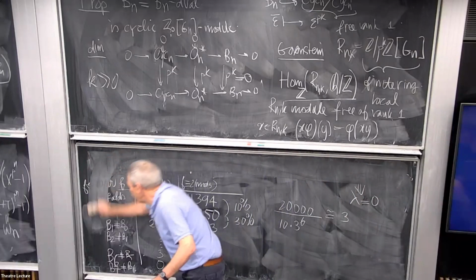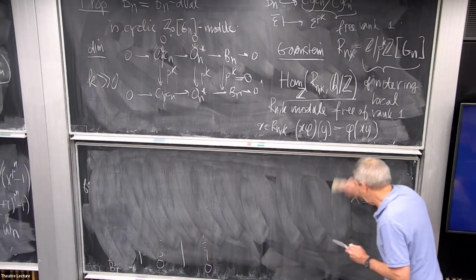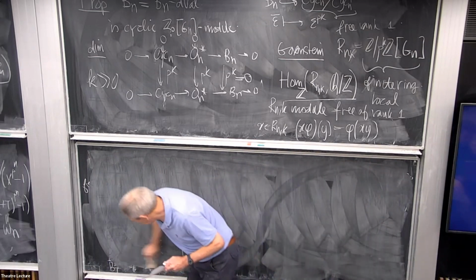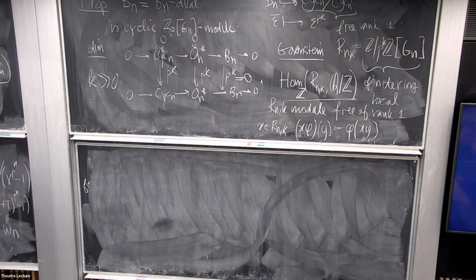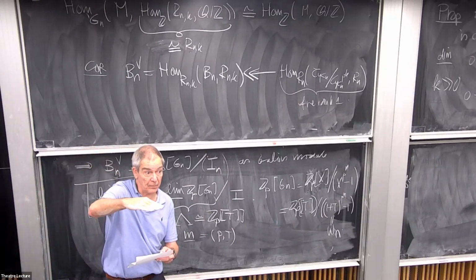Oh yeah, and the formulas that I gave you for Bn, the Galois behavior, for instance, that the invariance of Bn at level n were exactly the Bm at level m.